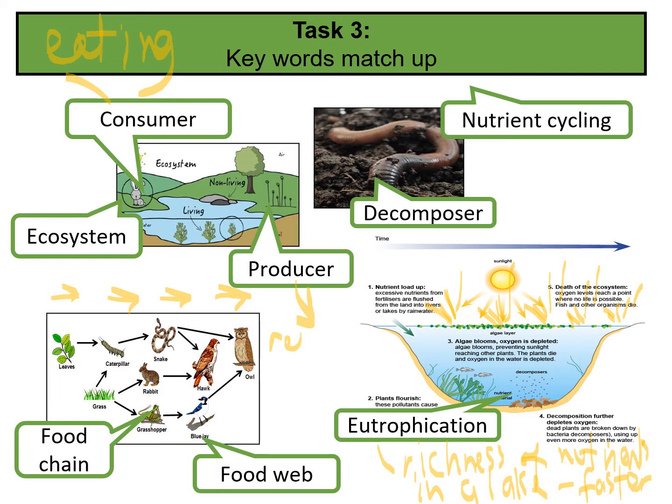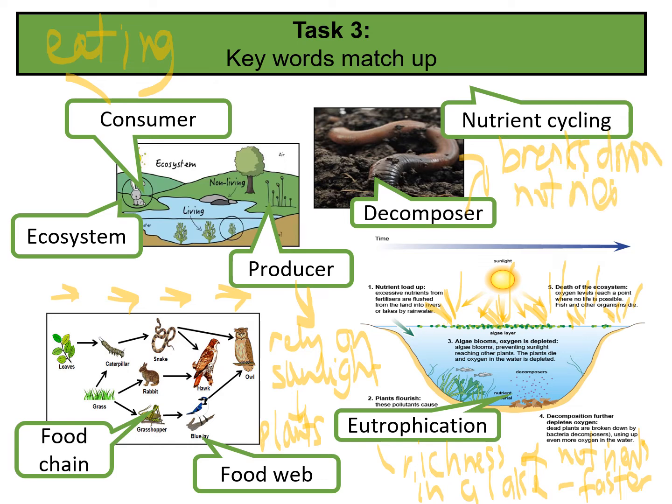So they rely on sunlight to make food, such as plants. Okay, a decomposer is when it dies, it breaks down nutrients and adds it back to the cycle. So you'll use all of these helpful hints on the board to help you answer task 3.